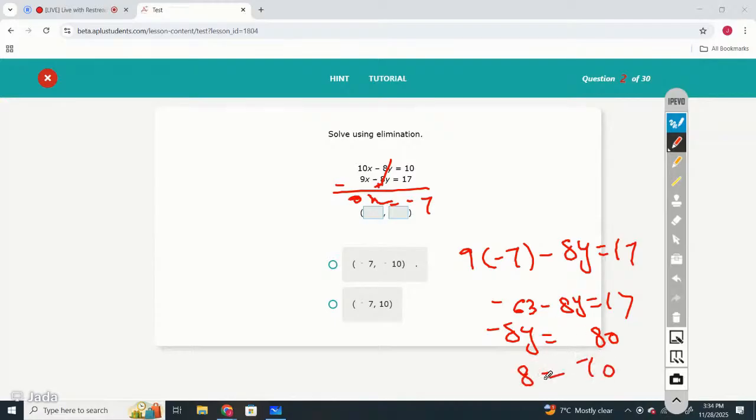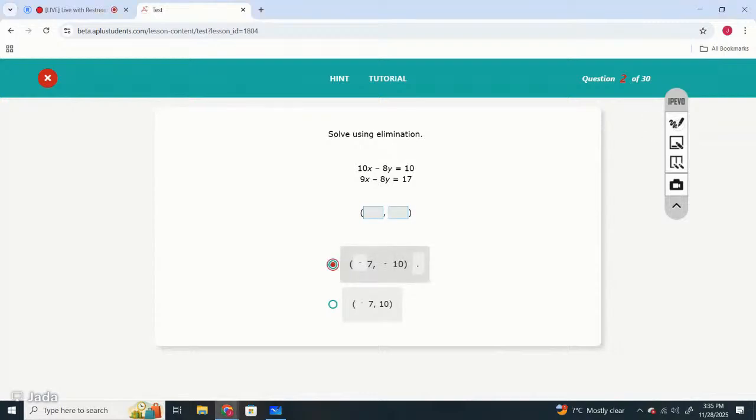So y is equal to negative 10. So the correct option is negative 7 and negative 10. Option number 1 is the correct option.